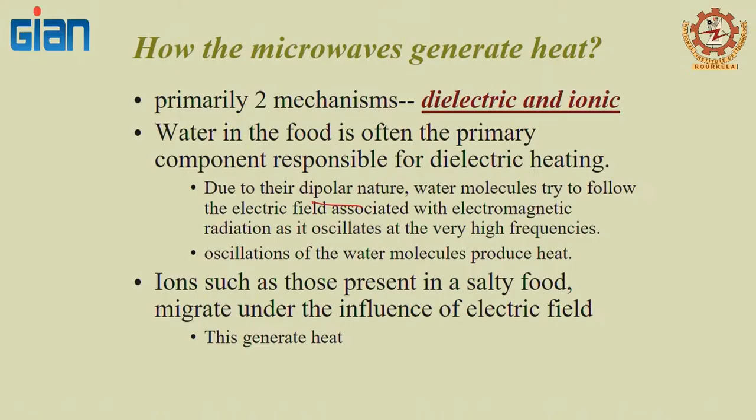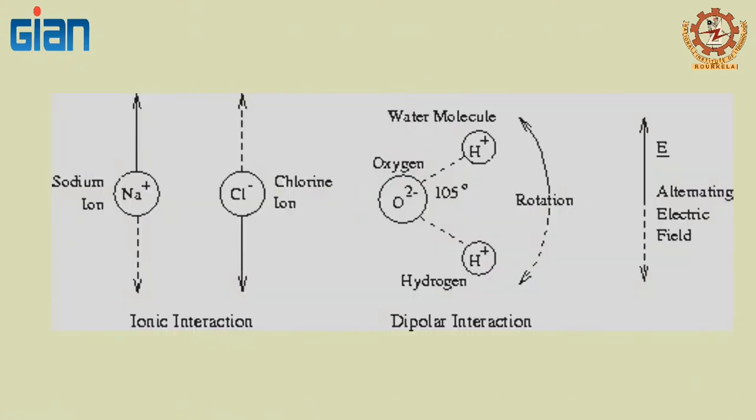In the same way, with electric fields, salt, sodium chloride, the sodium and chloride ions also oscillate, and that produces heat as well. This is just to show how sodium and chloride try to agitate and create friction, and here how the water molecules create friction with the microwave field. Those are the reasons why it heats.